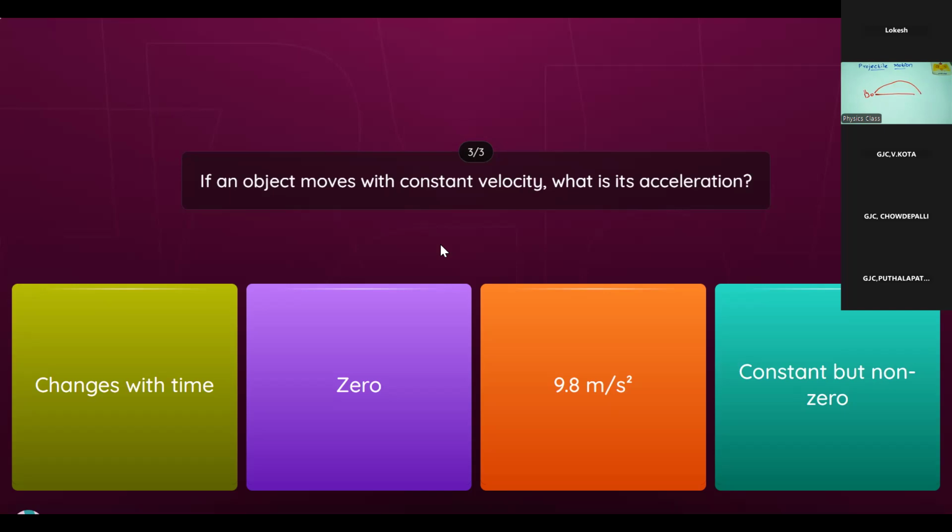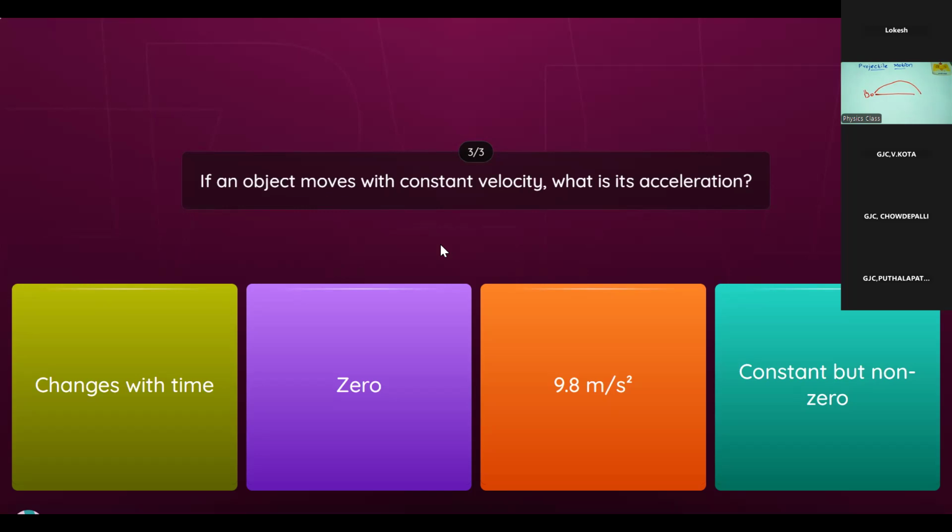Okay, good. So the correct answer: the object moves with a constant velocity. What is acceleration? If an object moves with acceleration, then its velocity has to change. So constant velocity means velocity does not change.